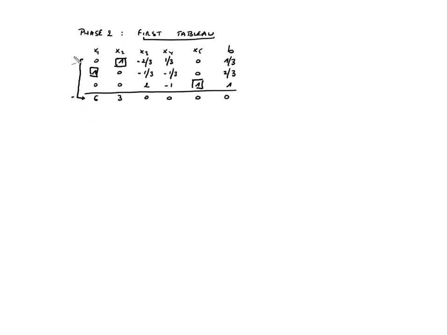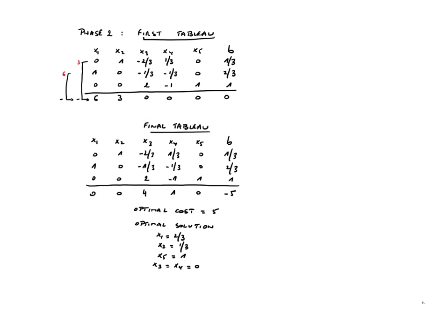So here we'll have 3, right? And then we'll have to do another row operation to make a 0 over here, and here the multiplier will be a 6. If you do these row operations, you obtain the second and final tableau.